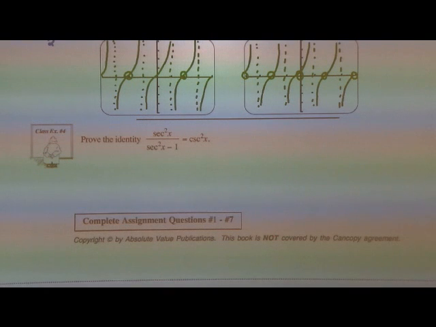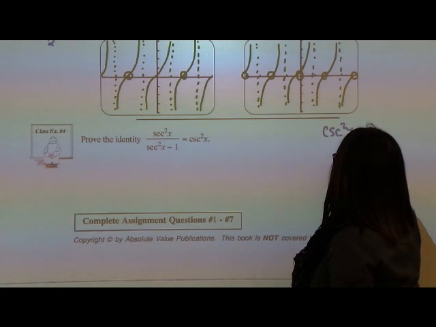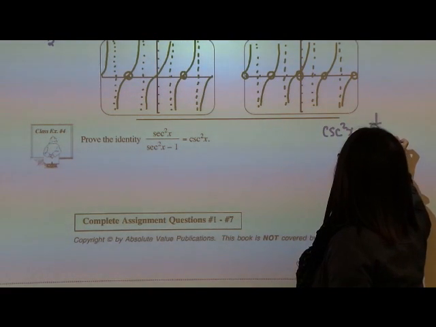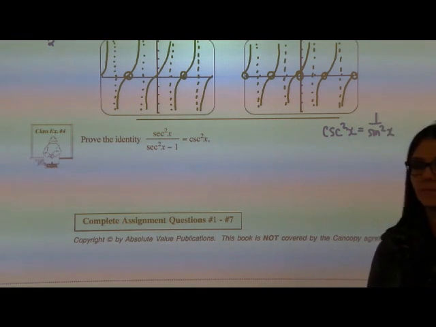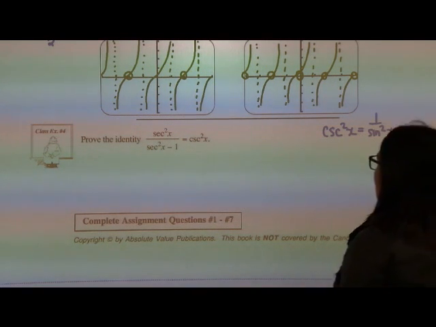Your cosecant squared x, can you change it to 1 over sine squared x? Okay, I don't know if that helps. So cosecant squared x is 1 over sine squared x. So that's the right side.